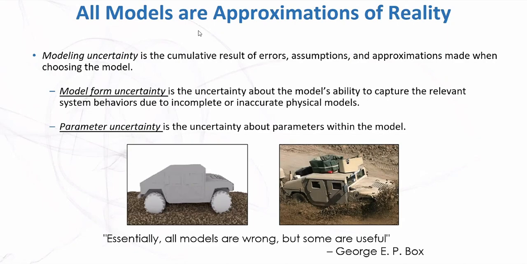So the best place to start that discussion is with why a simulation might not agree with physical data in the first place. One reason a simulation might not agree with physical or test data is due to parameter uncertainty. Within our simulation, there are a number of parameters we're free to choose values for. So things like heat transfer coefficients, stiffness and damping coefficients, turbulence model parameters, material property parameters, and so forth.